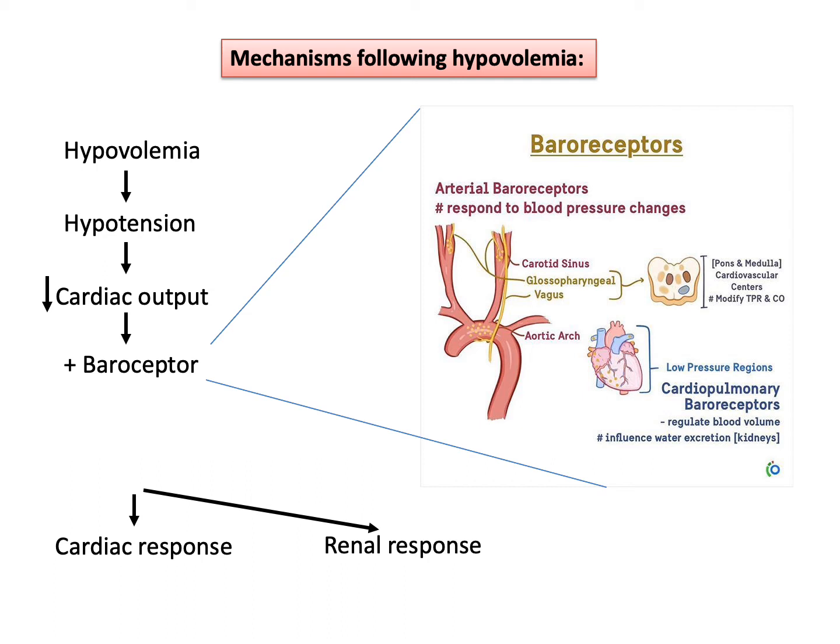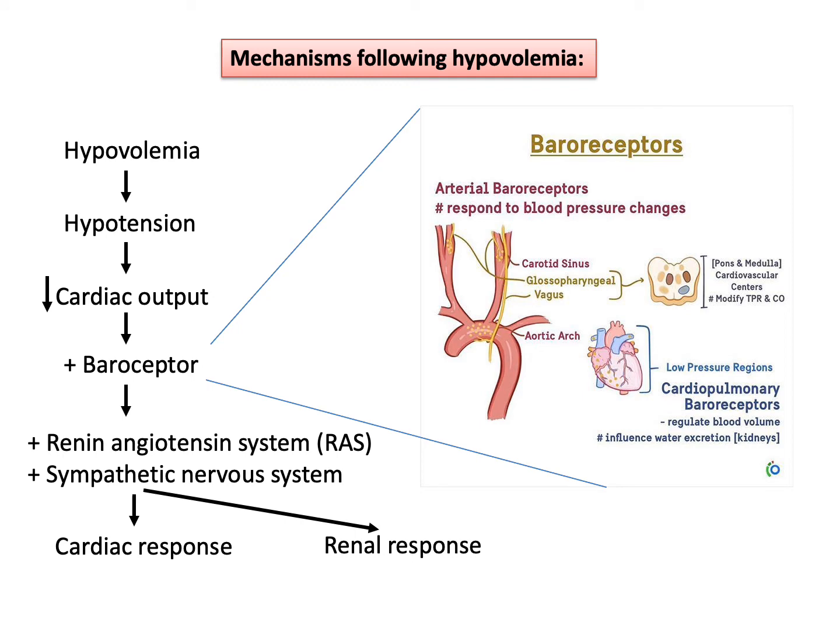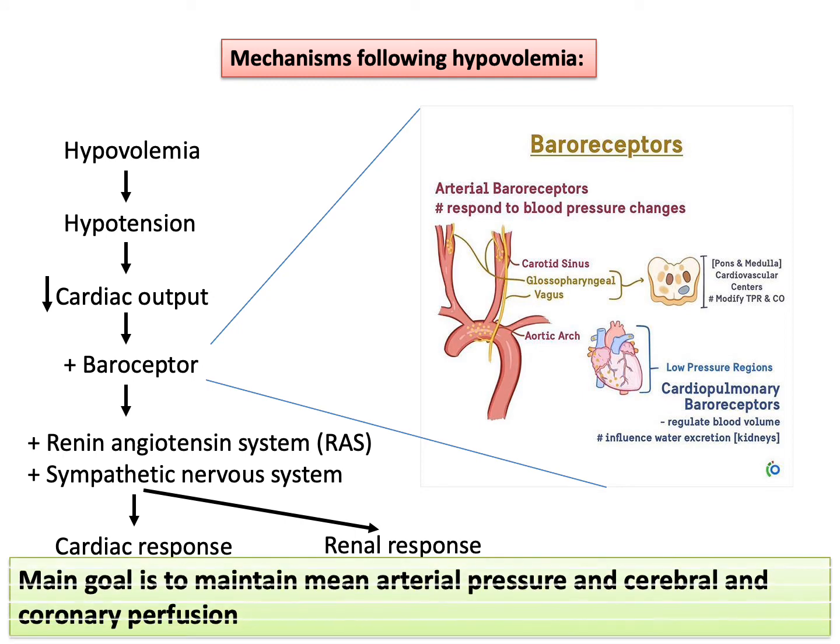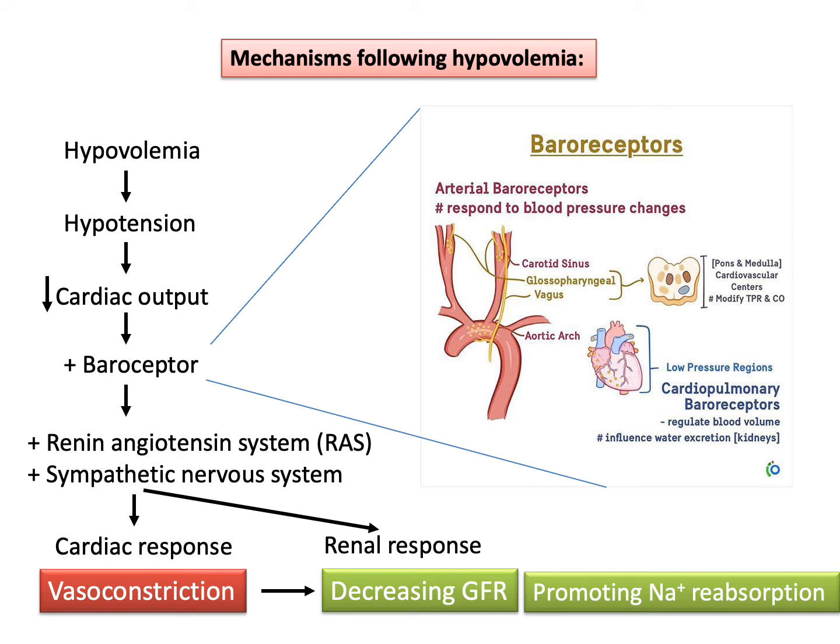The main goal of this mechanism is to maintain mean arterial pressure and cerebral and coronary perfusion. Under the cardiac response, there will be vasoconstriction, and under renal response, there will be a decrease in the GFR and also promoting sodium reabsorption.